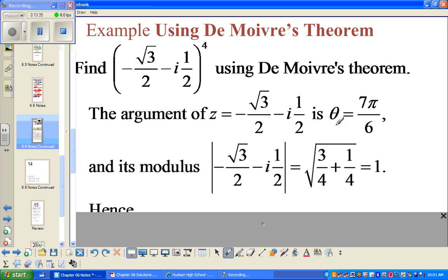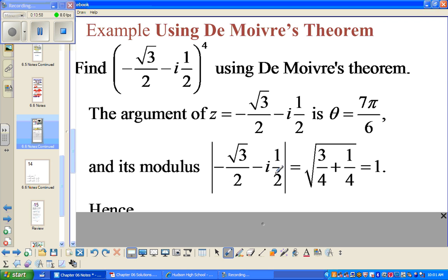So I would do that. Theta would be 7 pi over 6. Remember how you can get that is you take the tangent inverse of b over a. And then keep in mind when you're working with that, both a and b were negative, so that tells me I should be in the 3rd quadrant. Don't forget about that stuff you learned about the unit circle.